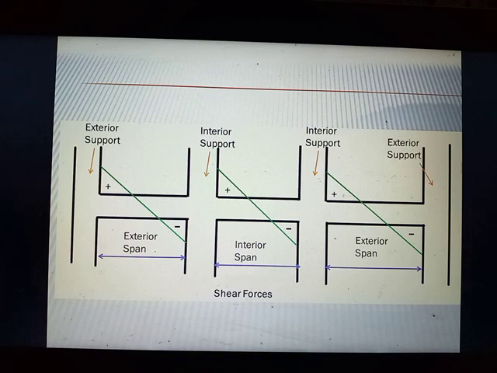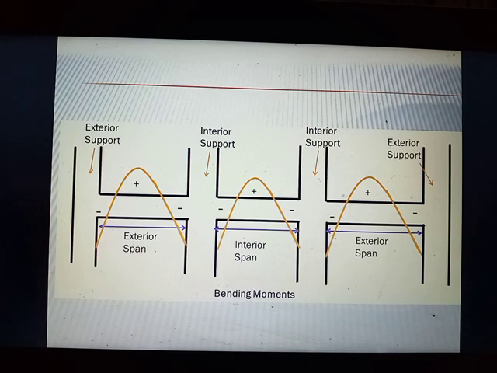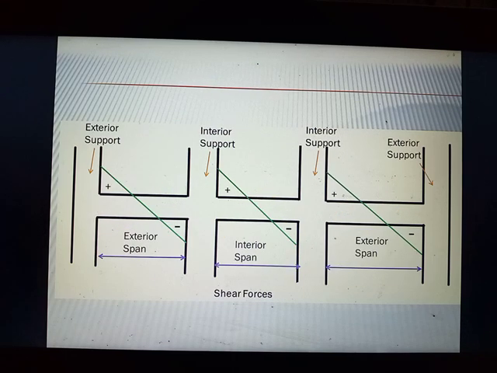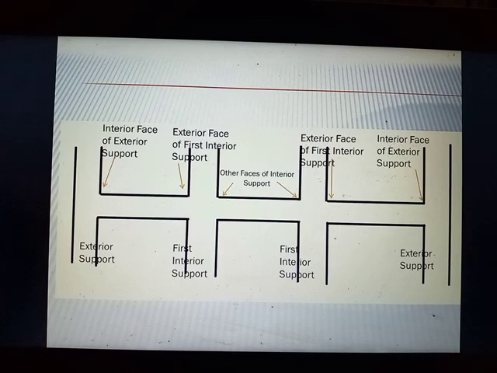So this is the bending moments and the shear forces, their common form and their sign convention. So let's proceed. There are terms that we need to know in order to understand how to use this approximate method.